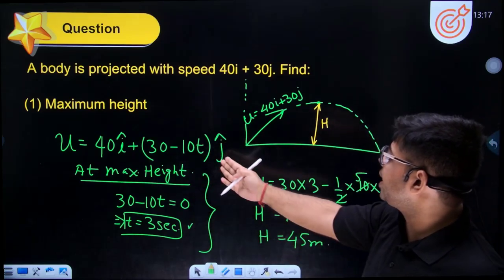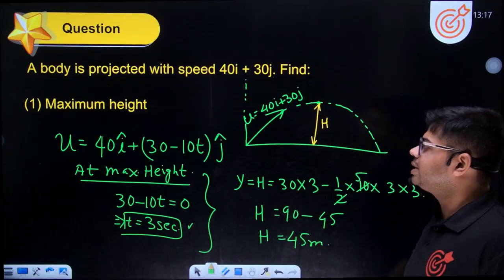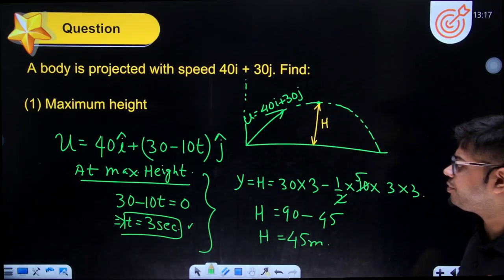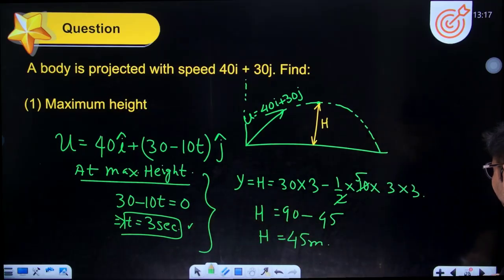So if at t is equal to 3 seconds you are reaching the maximum height, then what is the time of flight? The time of flight is going to be 2 times this t, so 2 into 3, that is going to give you 6.